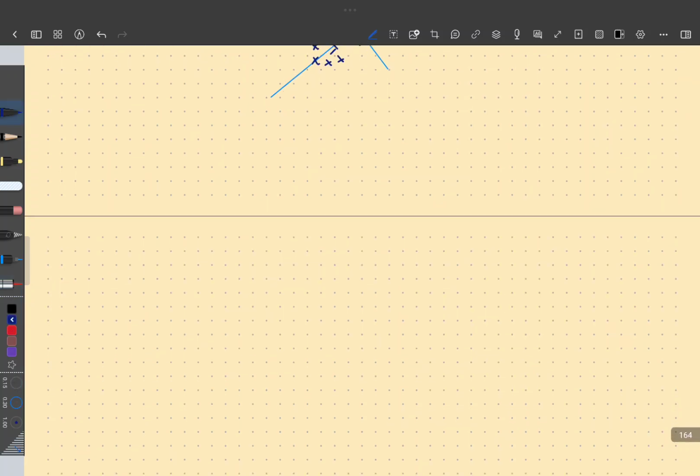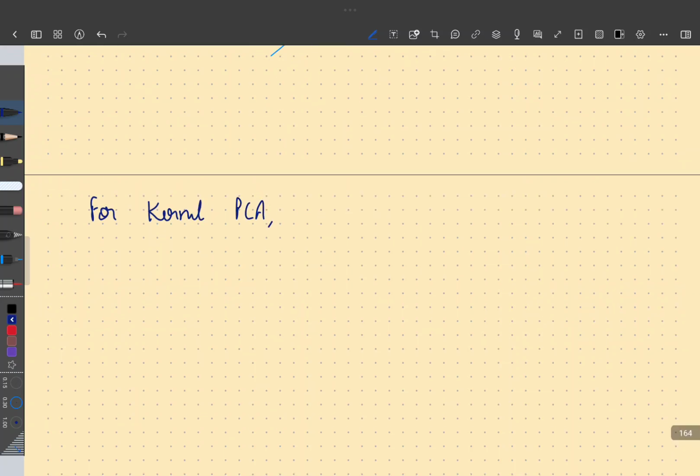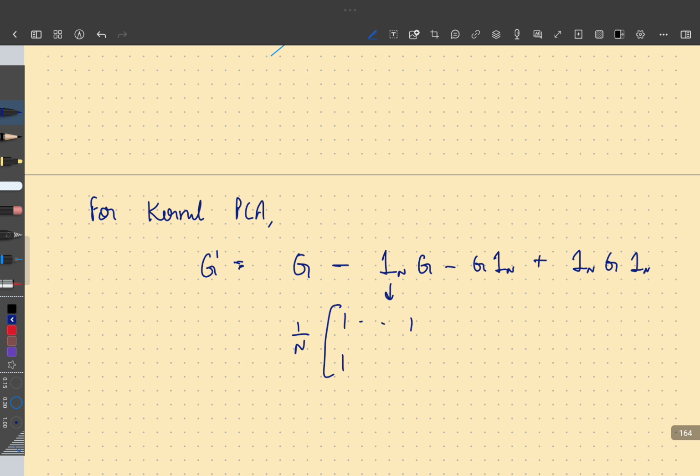But what you can instead do is take K prime, or say G prime, which is equal to G, the Gram matrix, minus 1n G minus G 1n plus 1n G 1n, where this matrix 1n is just 1 over n times the all ones matrix.